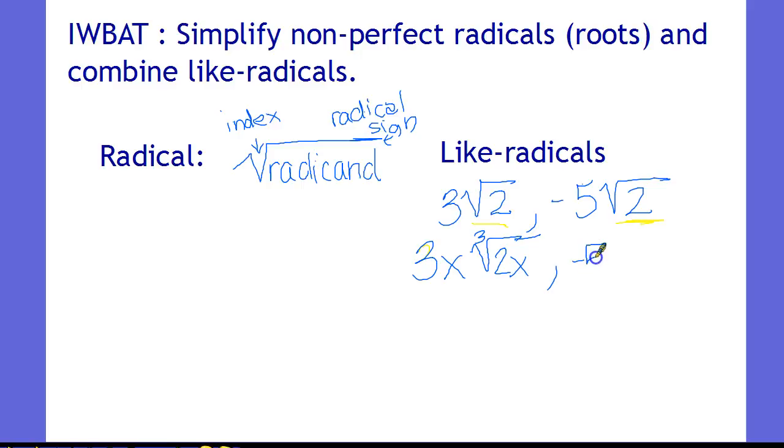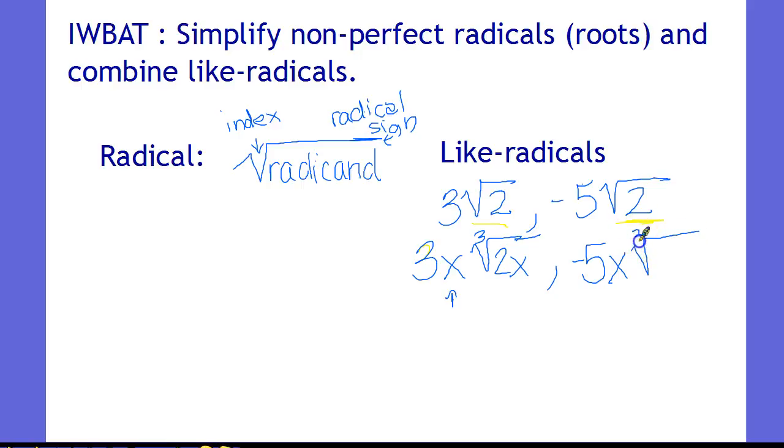Actually, that wouldn't quite be right. You're close, but the reason that would be wrong is that you're not identifying that variable. So you want to use negative 5. In order for these to be like radicals, the variables have to match exactly inside and out. Oh, okay. Gotcha.